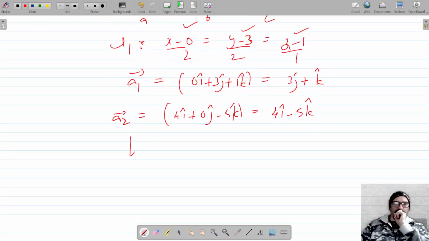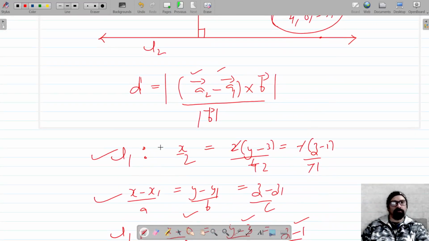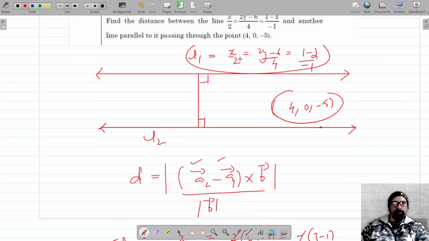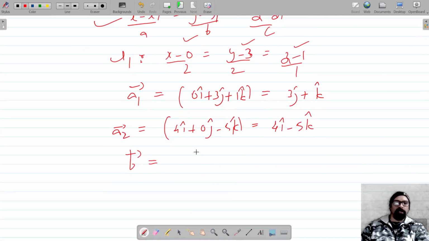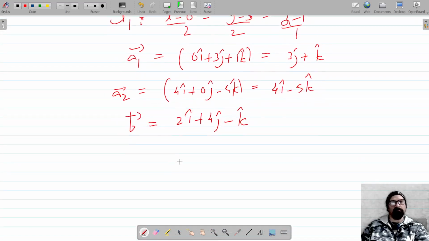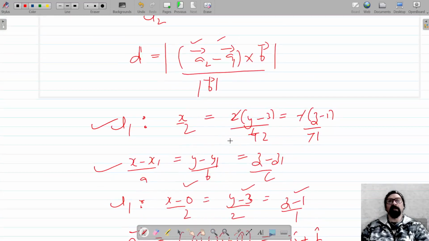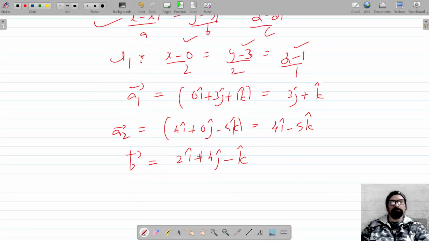Now B vector is the vector that is parallel to both the lines, and this will give us the B vector, which is 2 i cap plus 4 j cap minus 1 k cap. So we have got A2, A1, and B vector. No, sorry, this is 2.